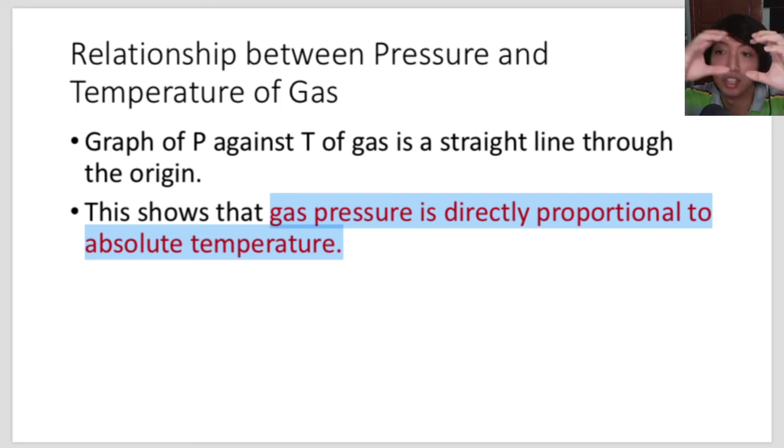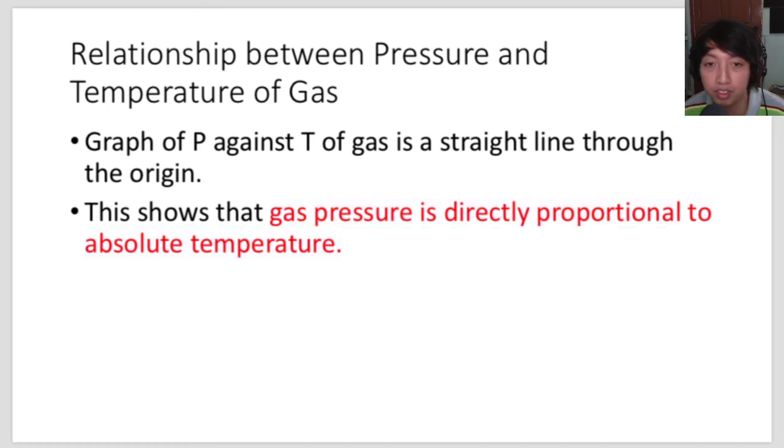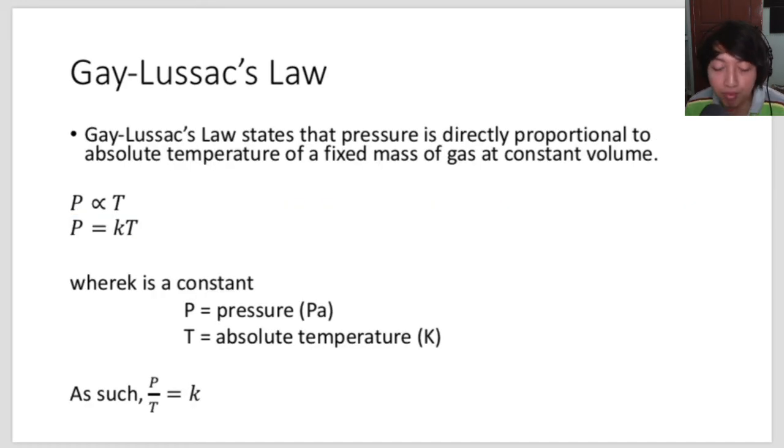So again, when temperature goes up, gas pressure also goes up. When temperature goes down, gas pressure also goes down. If you make the gas pressure go up, then the absolute temperature is also going to go up or go down.